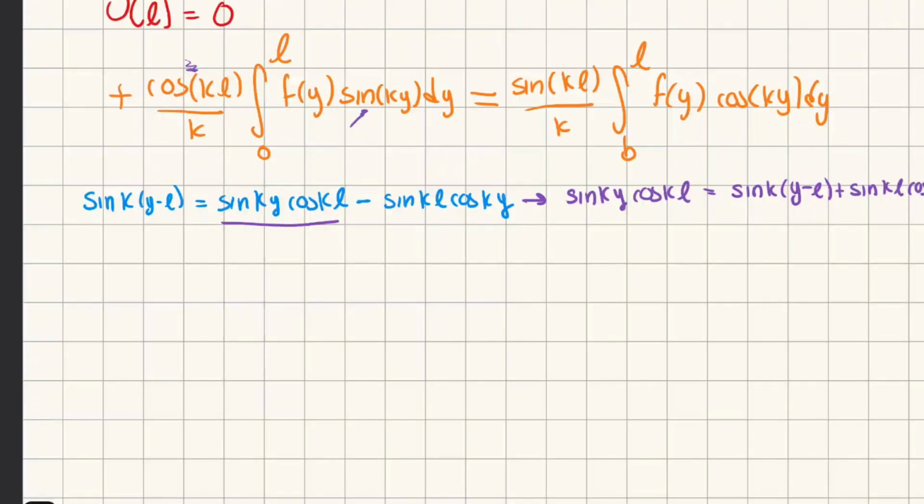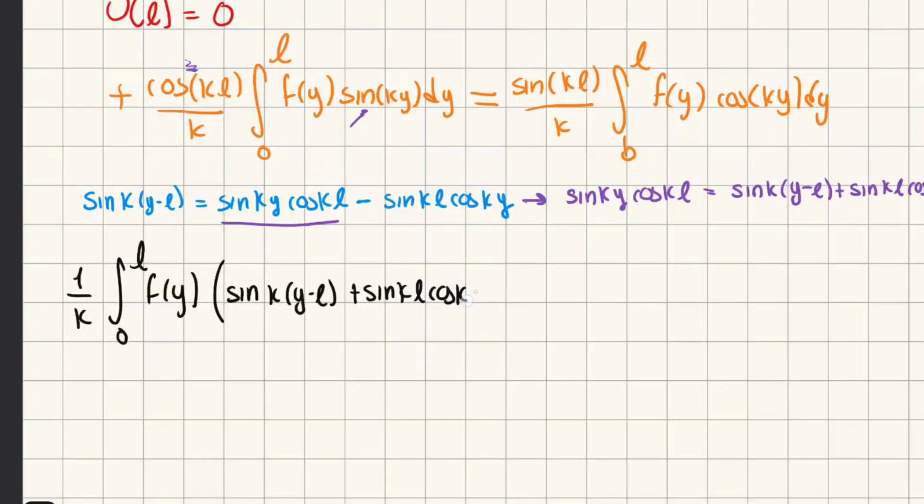So we are going to substitute that in our integral. So we will get 1 divided by k, the integral from 0 to L of f of y, and then all this thing, sine of k(y minus L) plus sine kL cosine ky, dy.